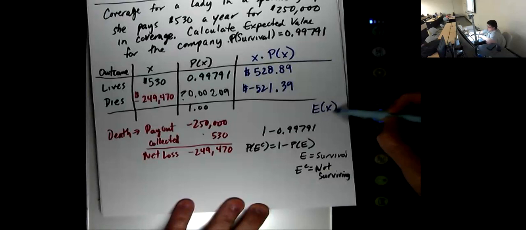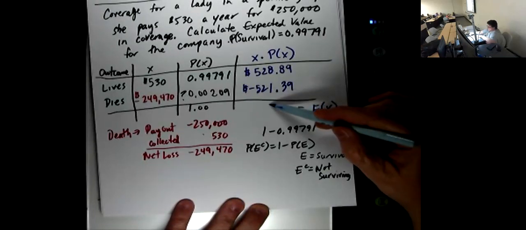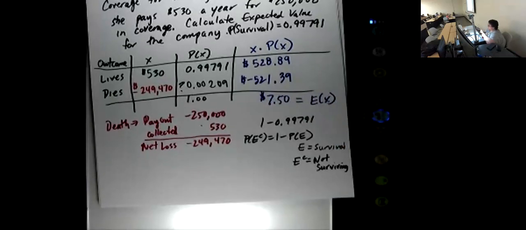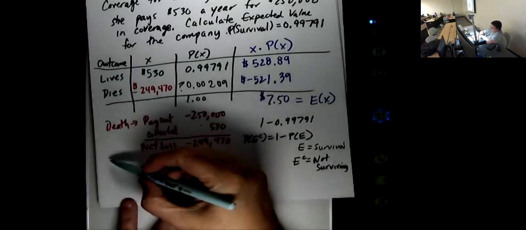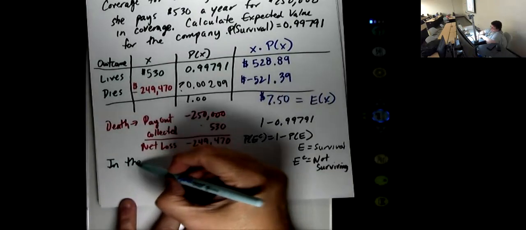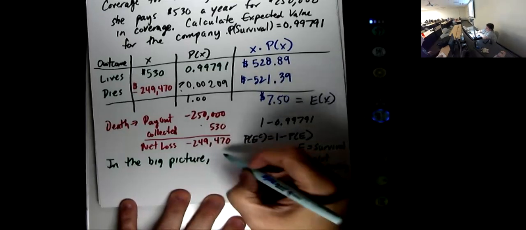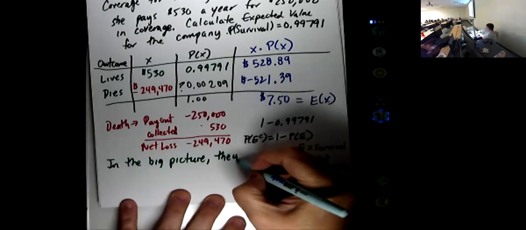My expected value, if I add those up, is $7.50. This means in the big picture, they only make $7.50 per policy a year.